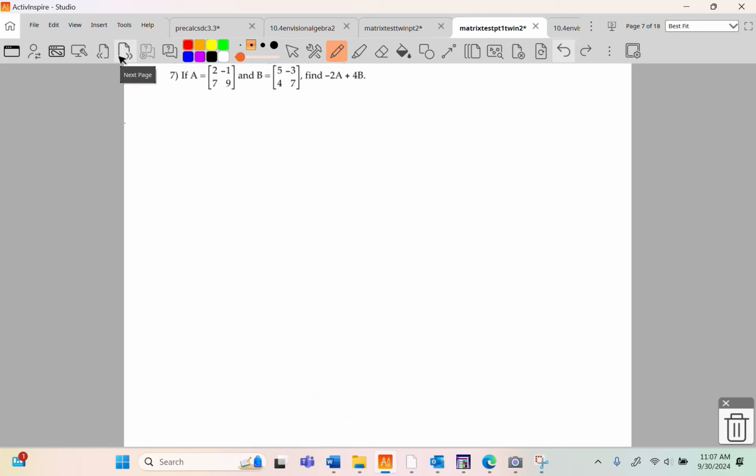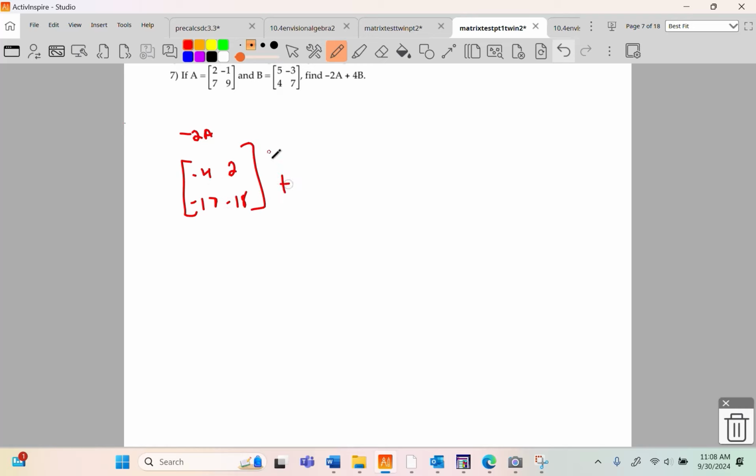Number 7, if A is 2, -1, 7, 9, B is 5, -3, 4, 7, find -2A plus 4B. Yeah, there's this one, then there's a compute the product still. So let's figure out what -2A is. -2A is going to be double everything and change its sign: -4, 2, -14, -18.